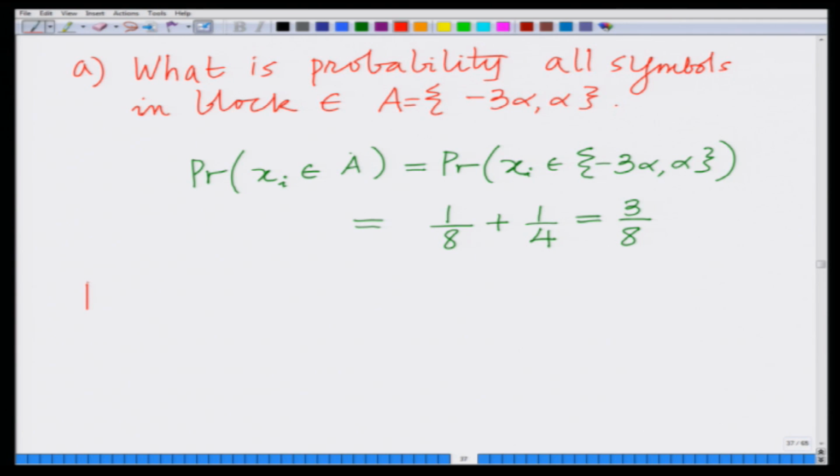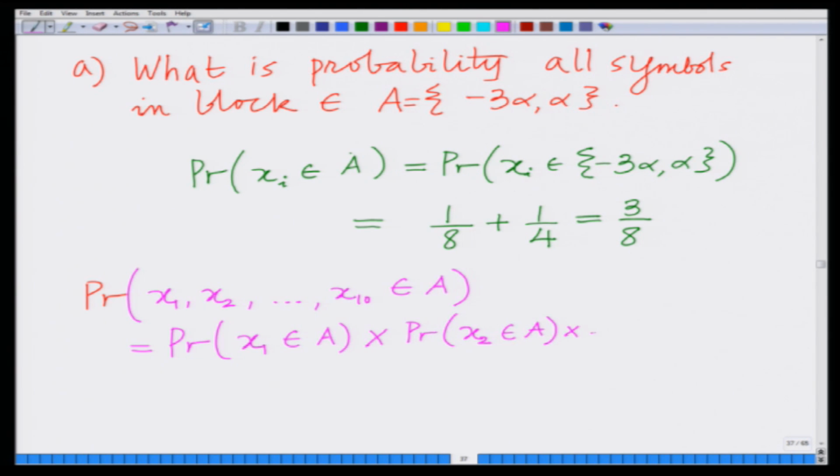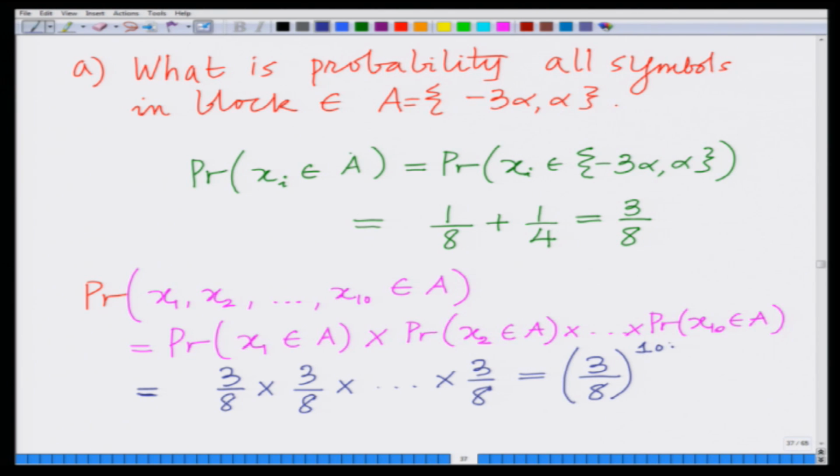That probability is basically the probability that x1, x2 up to x10 belong to this set A, which, because these symbols are independent, is now basically the product of the probabilities: the probability x1 is an element of A times the probability x2 is an element of A times ... times the probability x10 belongs to A. Each of these probabilities is 3 by 8, so the product is 3 by 8 ten times, which is equal to 3 by 8 raised to the power of 10.